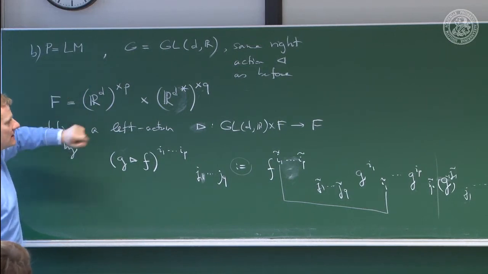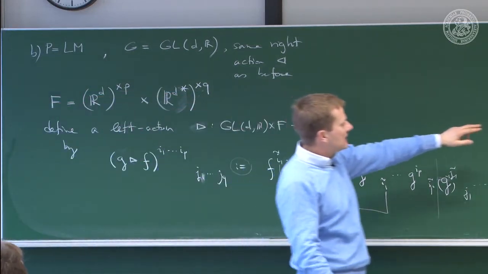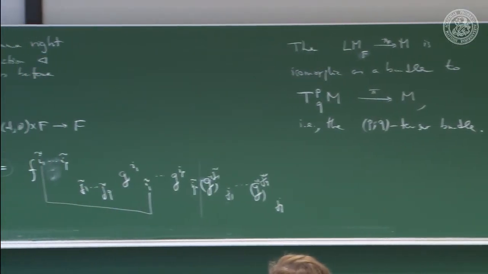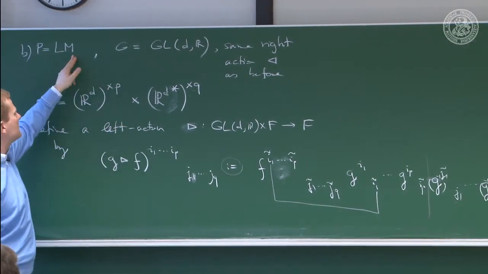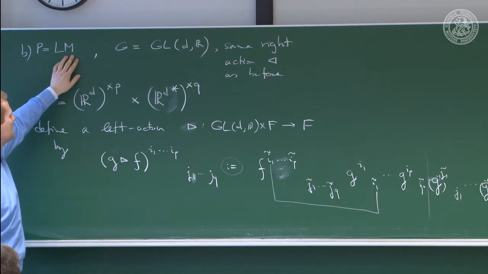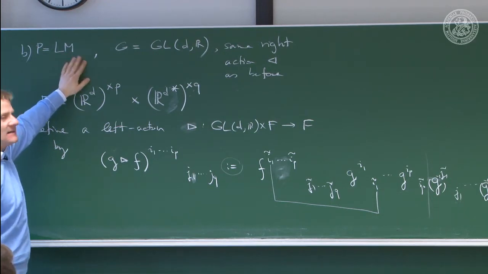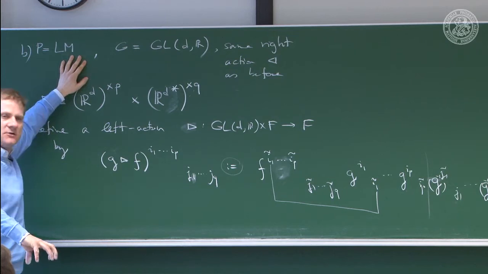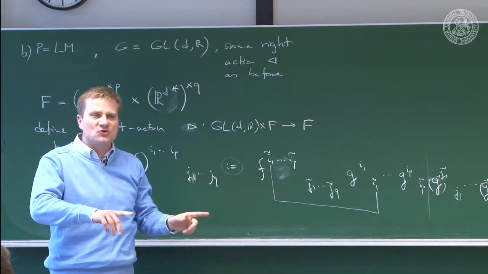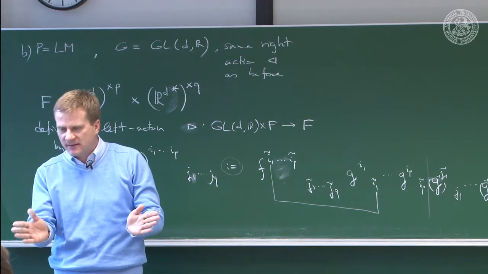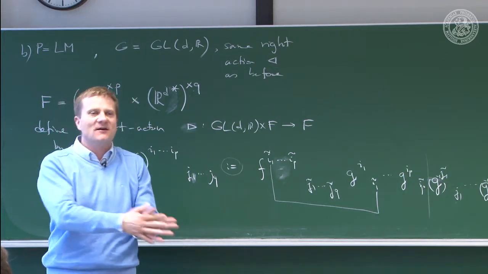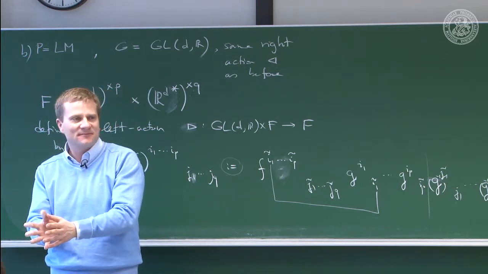And then if you understand the PQ tensor bundle also as an associated bundle to the same LM, as you before understood the tangent bundle as a specific associated bundle, the idea is that you rotate your frame and every associated bundle must follow suit. So you rotate a vector like this. That means at the same time you have to rotate all the tensors by the same transformation, right?